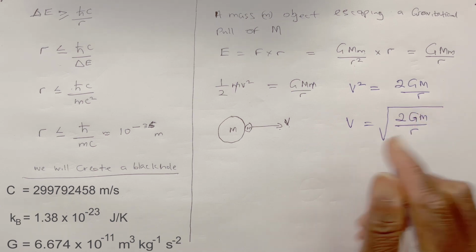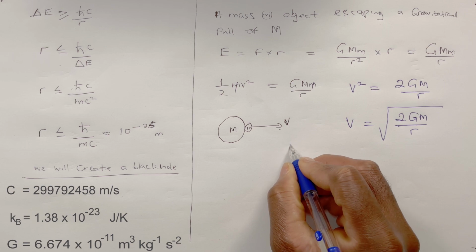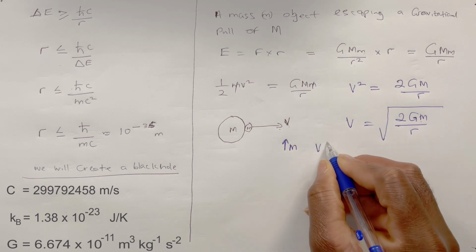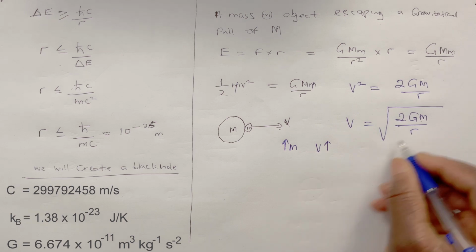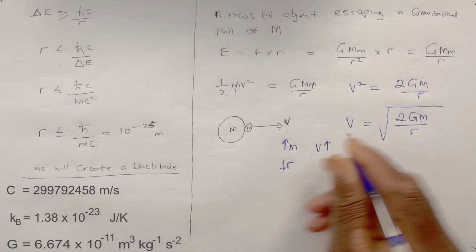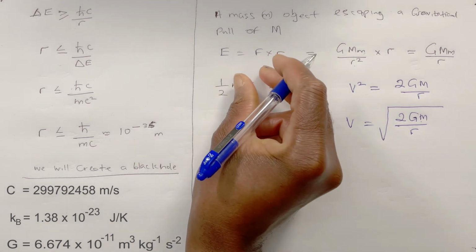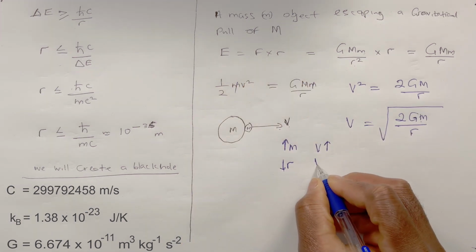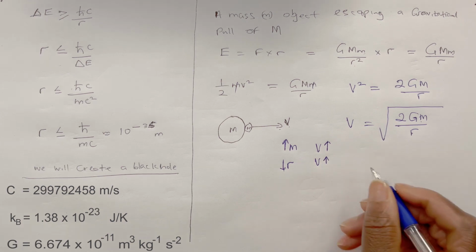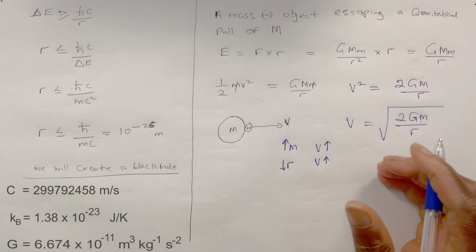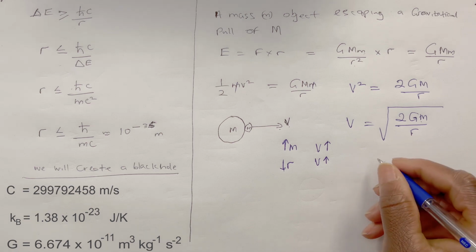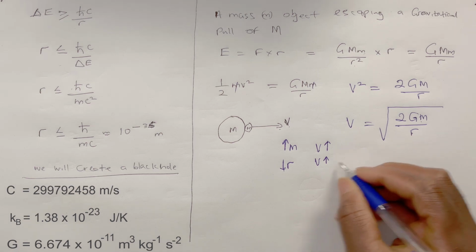But what's happening here is that as the mass increases, the escape velocity will also increase, and as the radius gets smaller, which is what we're trying to do when we're confining the object into a smaller distance, the escape velocity also will be greater. So what about a very, very dense object? That means it's going to have a big escape velocity.